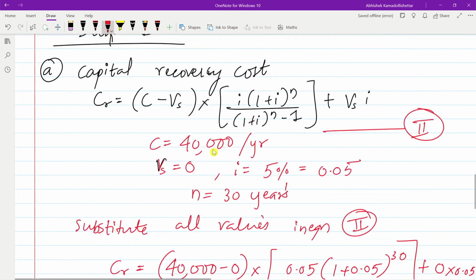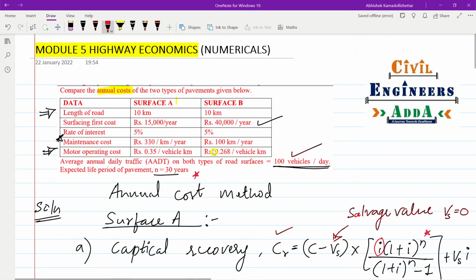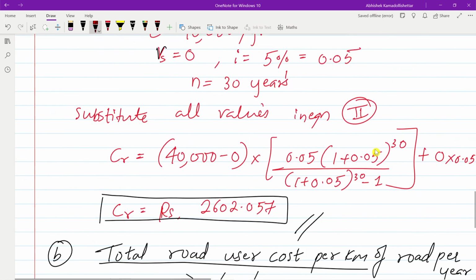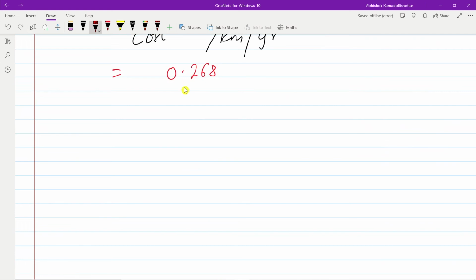0.268, what is this? 0.268 is nothing but the motor operating cost here per vehicle kilometer. I'll even write the unit, vehicle kilometer. Into the number of vehicles, so 100 vehicles per day. So vehicle got cancelled.